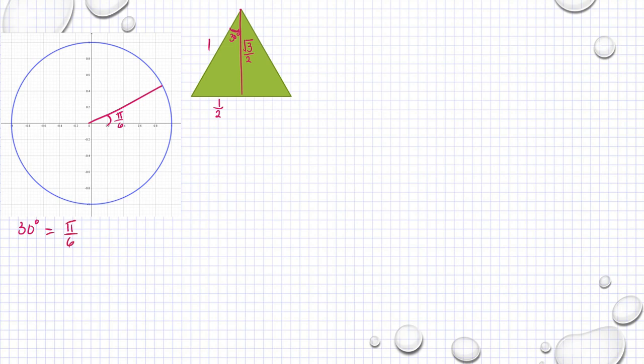And then if you can see here now, we have 90 degrees plus 60, that's 150 degrees. Over 180 times pi, by 30, this is 6, this is 5. That's 5 pi divided by 6.